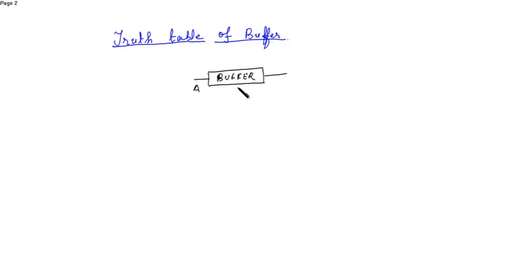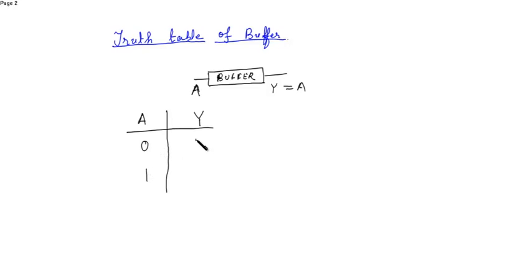If this is input A, I'll have output Y, which will give the same value as A. So we have input A and output Y. With a single input A, I'll have two combinations, 0 and 1.